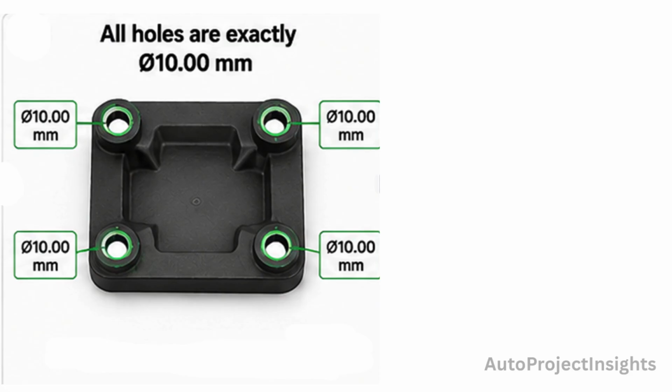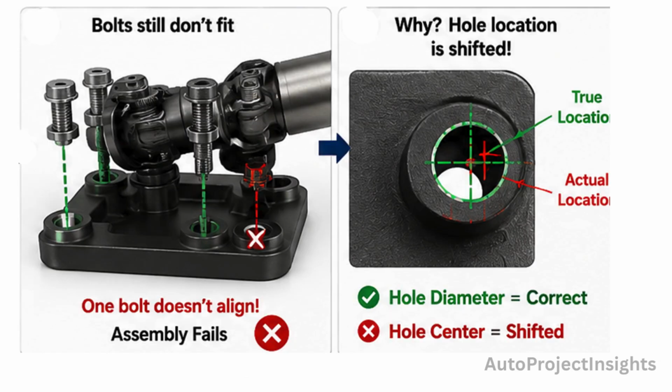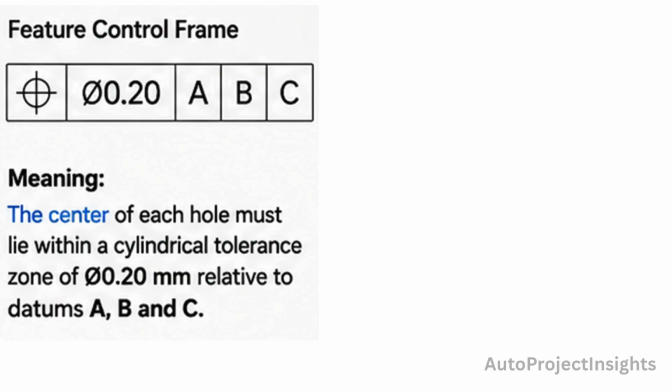If even one hole is slightly shifted from its correct location, the bolts will no longer align with the steering column. As a result, the assembly becomes difficult or may even fail. This is where position tolerance comes into the picture. The feature control frame specifies that the center of each hole must remain inside an imaginary cylindrical tolerance zone of diameter 0.20 mm.